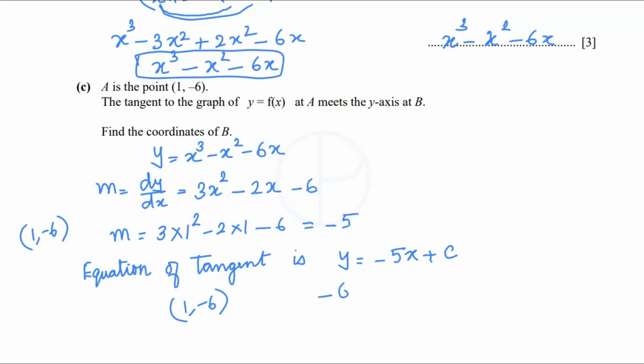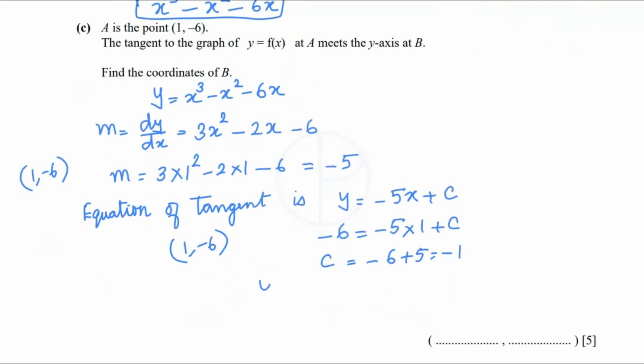Y is negative 6 and x is 1. Now make c as the subject. Bring this negative 5 to the left hand side. So we'll get negative 6 plus 5, which is negative 1. So the equation of the tangent is y is equal to minus 5x minus 1.